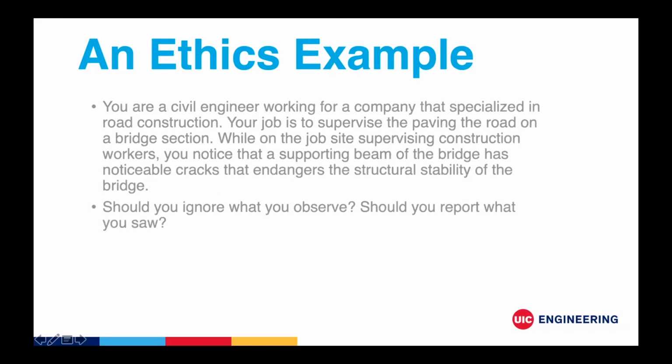Imagine you're a civil engineer working for a company that specializes in road construction. While working on the road, you notice there is some problem in a bridge section, which is not your job. In such a situation, should you ignore what you observed because you're working on the road and not on the bridge, or should you report it?